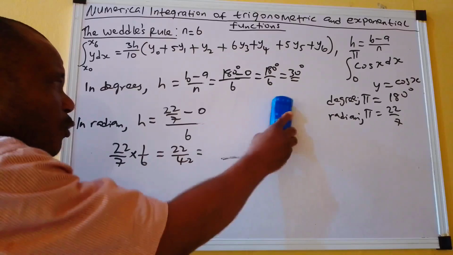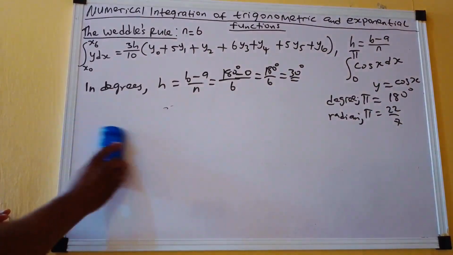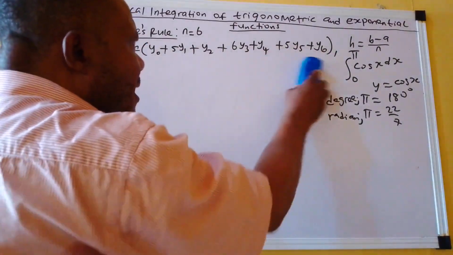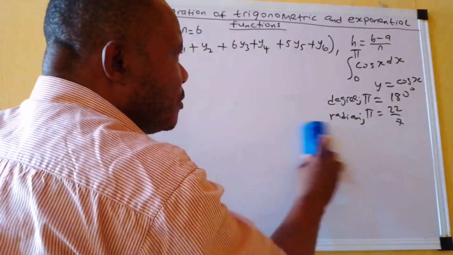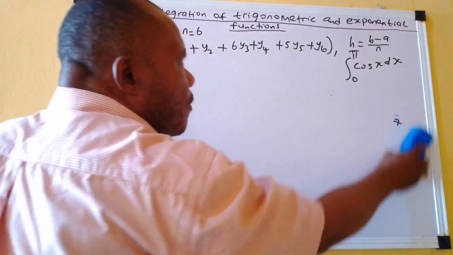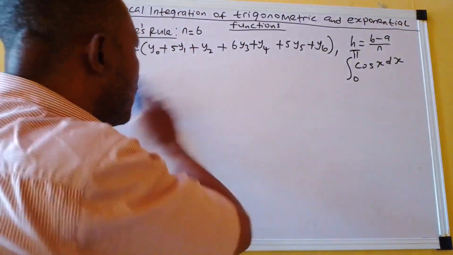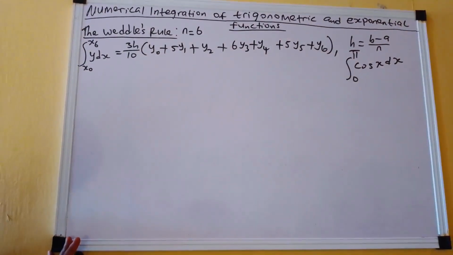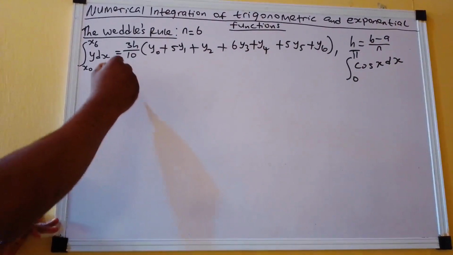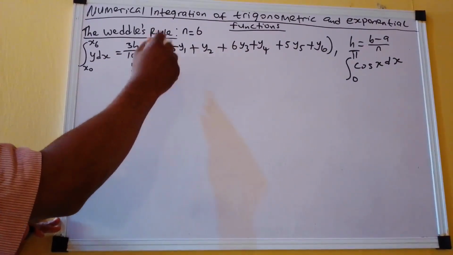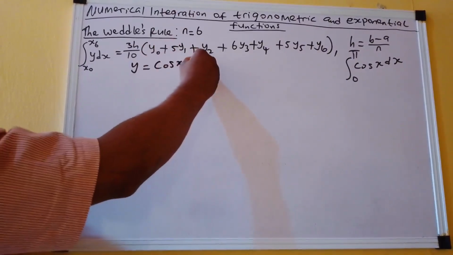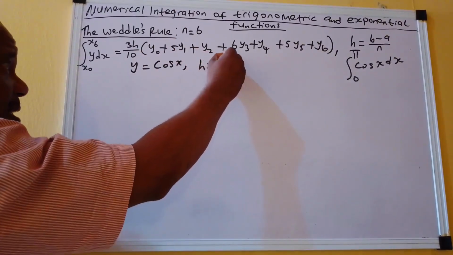Now we want to go ahead and create our table, having values of x and values of y. Remember, our y is equal to cos x.